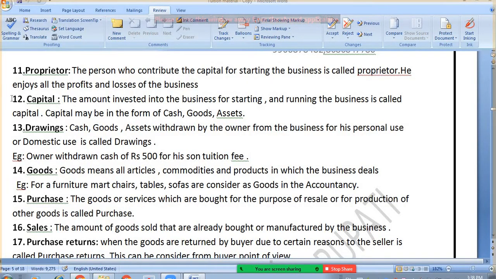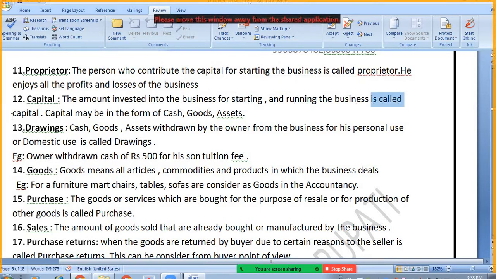That is capital. So here the capital, the amount invested into the business for starting and running the business, is called capital. Capital may be in the form of cash, goods or assets. It means the owner or proprietor contributes the capital.